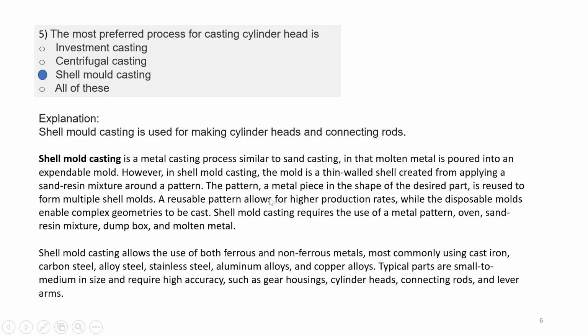And this pattern, a metal piece in the shape of the desired part, is reused to form multiple shell molds, and a reusable pattern allows for higher production rates, while the disposable molds enable complex geometries to be cast. Shell mold casting requires the use of a metal pattern, oven, sand resin mixture, dump box, and molten metal.